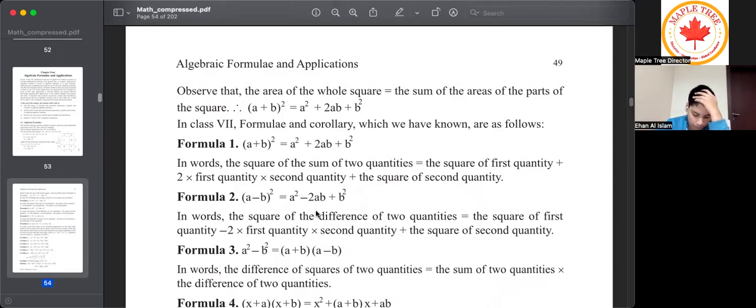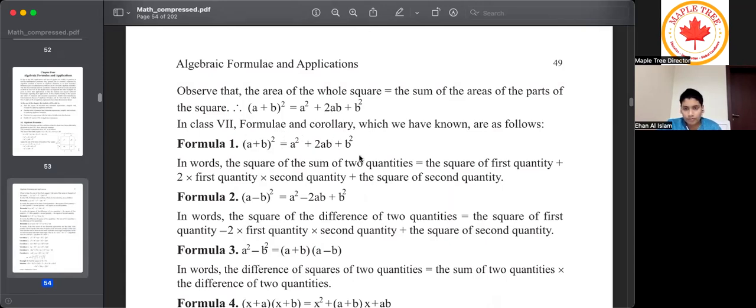So any square, if you divide it, the whole square will be equal to the sum of the divided parts. That's the formula. Is it clear? Yes, sir. Very good. It doesn't matter how many parts you divide the square into, the sum will be equal to the whole square.